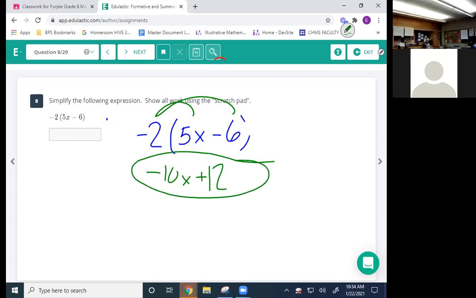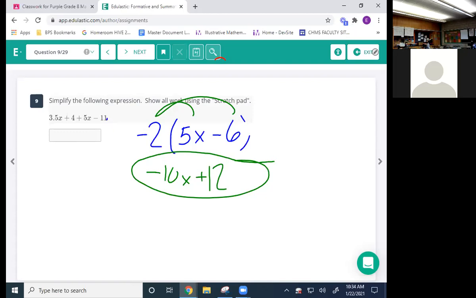Good. I'm going to move forward, but I'm going to leave this up here. Okay. The next one is the same thing. What did you have to do here? I'm not going to do it out, but what did you have to do before to simplify this, to make it more condensed? Nobody at home knows?